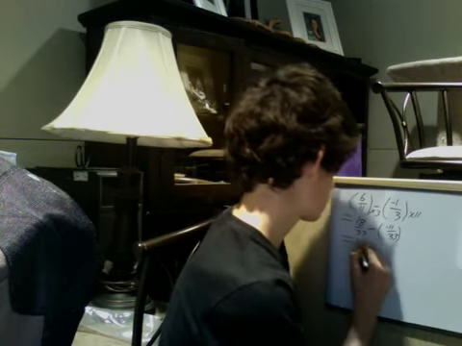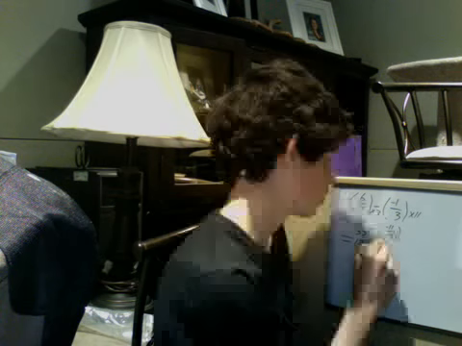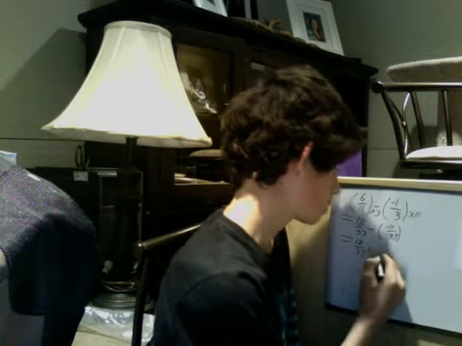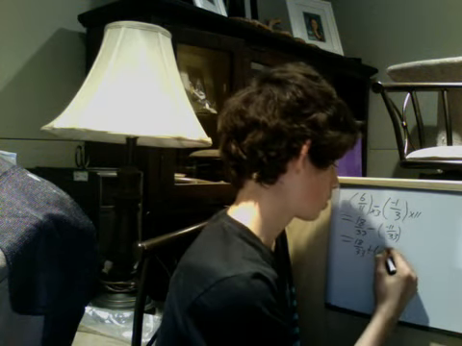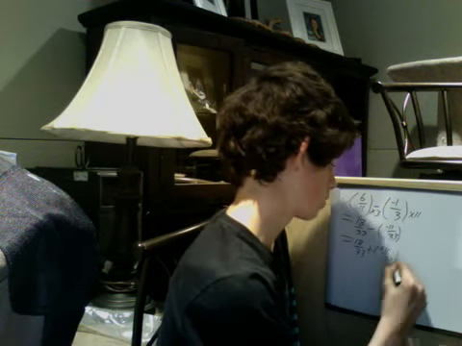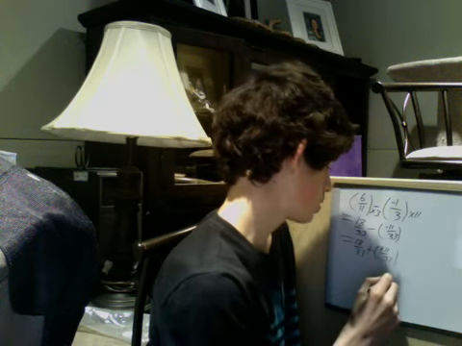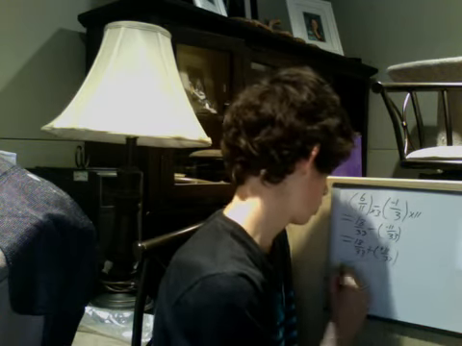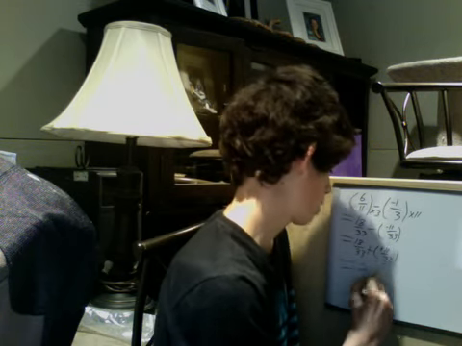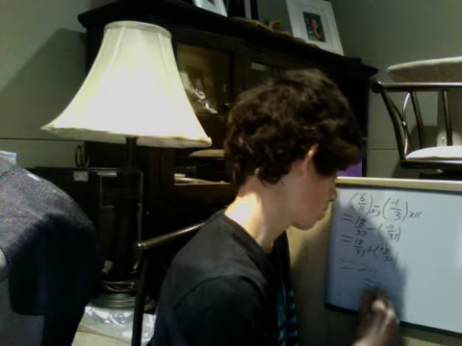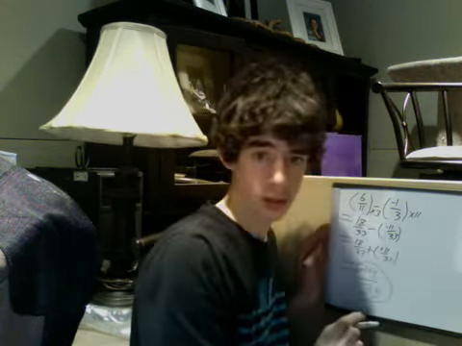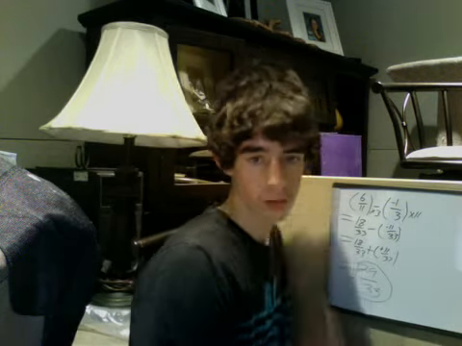So 18/33 added to the inverse, so plus, this turns into a positive, so it's +11/33 now, so it's 29/33, and you can't reduce that, so that is the answer, 29/33.